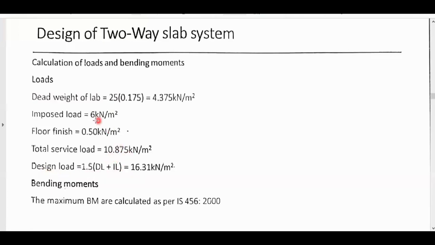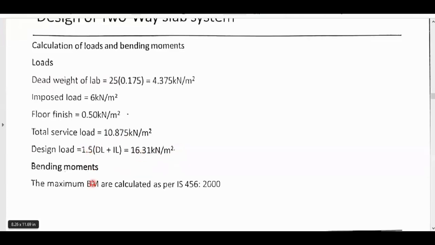Live load is 6 and dead load is 4.375 and floor finish is 0.5, so this total comes to 10.875. So 10.875 into 1.5 will give us the design load, that is 16.31 kilonewton per meter square. Then we will calculate the bending moments.